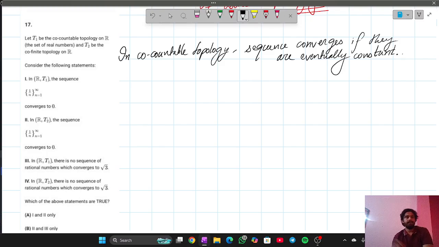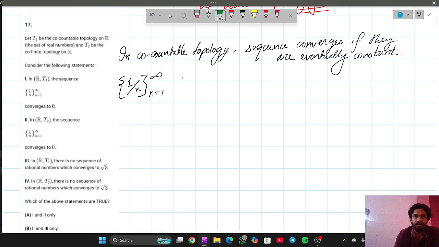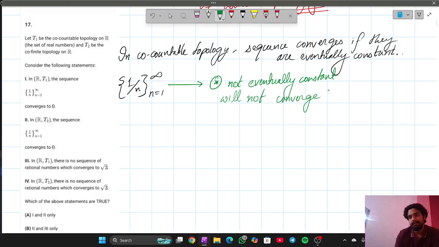Okay, that's all right. Now if we take number one, here the sequence is 1 by n, where n goes from 1 to infinity. Now you know that this sequence is not eventually constant. Okay, hence we can easily determine that this will not converge to 0.